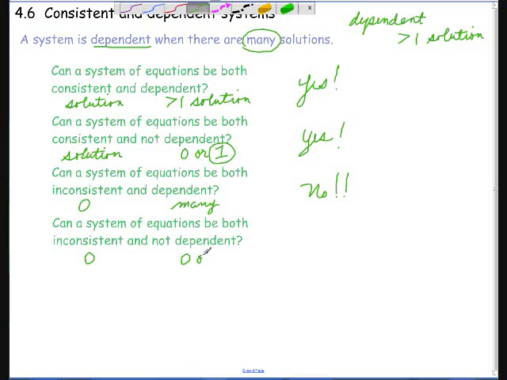That's 0 or 1. Well, yes, that could happen. So those are just some questions to make us stop and think, what does this really mean? Remember it. Dependent means many solutions. Consistent means one or more. Inconsistent means no solution.